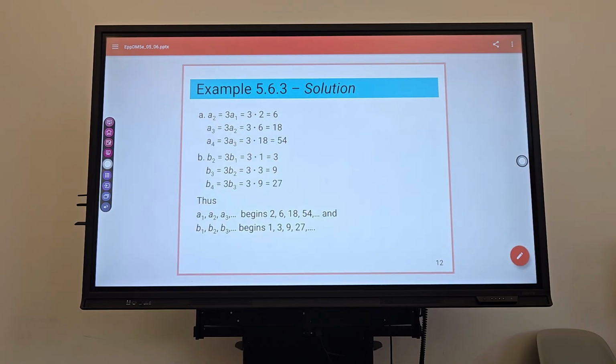You get 6, 18, and 54 for A for the first 3 numbers, and you get 3, 9, and 27 for the initial condition being 1. So, yeah, it's definitely a different result depending on the initial conditions.